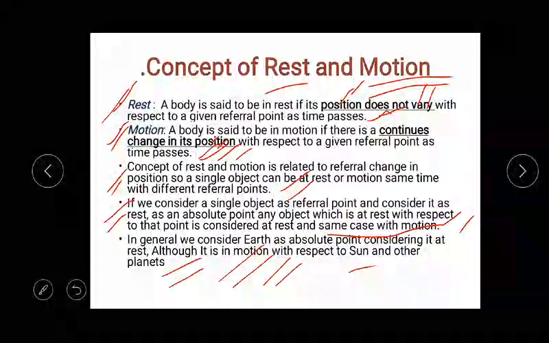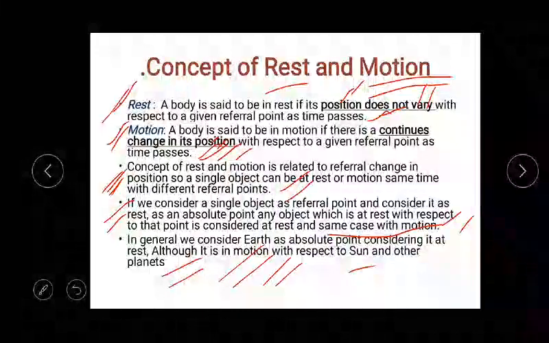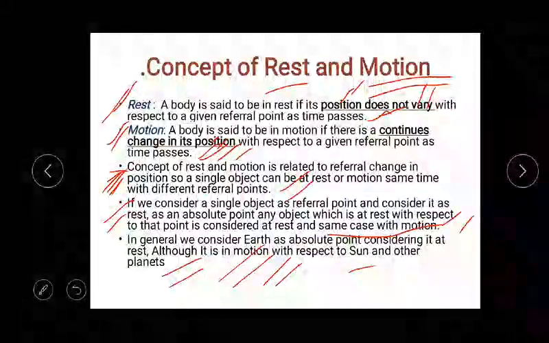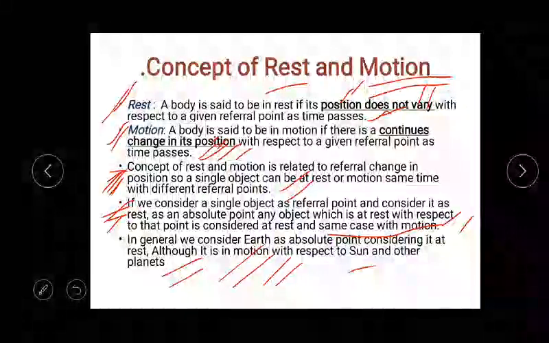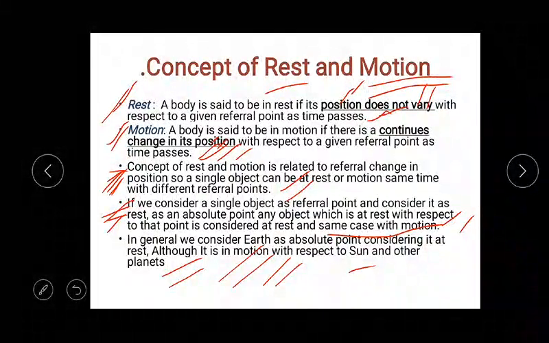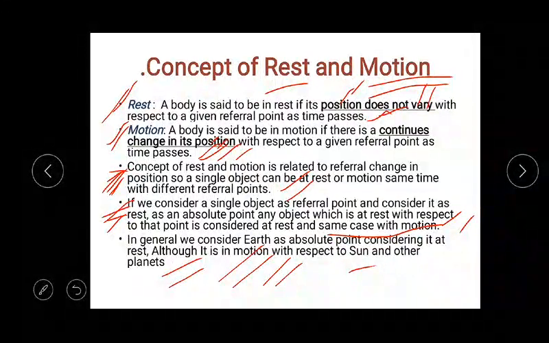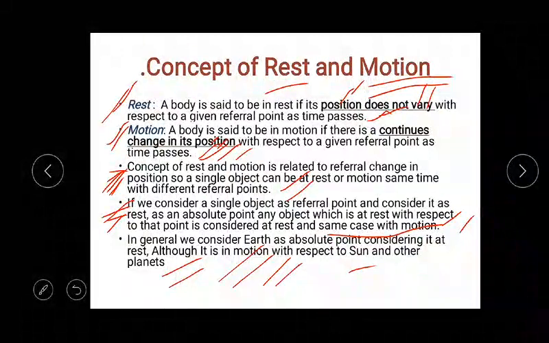Now, these two points that we have discussed: an object can be at rest and in motion at the same time, and if we consider a point to be an absolute point, then from that point an object could be at absolute rest or at absolute motion. That we will learn in the coming example.